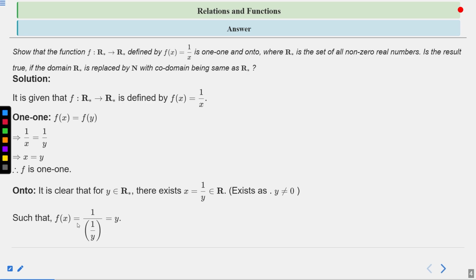As you can see, f(x) = 1/x = 1/(1/y), so you are getting y. So if you pick any element from the codomain set, there is a pre-image in the domain set. I hope it is clear.